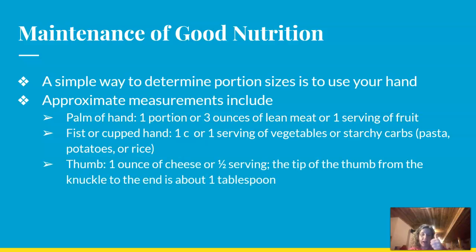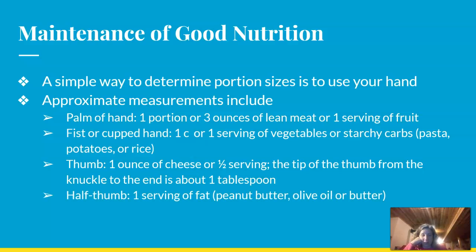Your thumb is 1 ounce of cheese, or half a serving. And then the tip of your thumb, from your knuckle to your tip, is 1 tablespoon. So that's what 1 tablespoon is going to look like. Half a thumb is 1 serving of fat, so that's how much peanut butter, olive oil or butter would be.